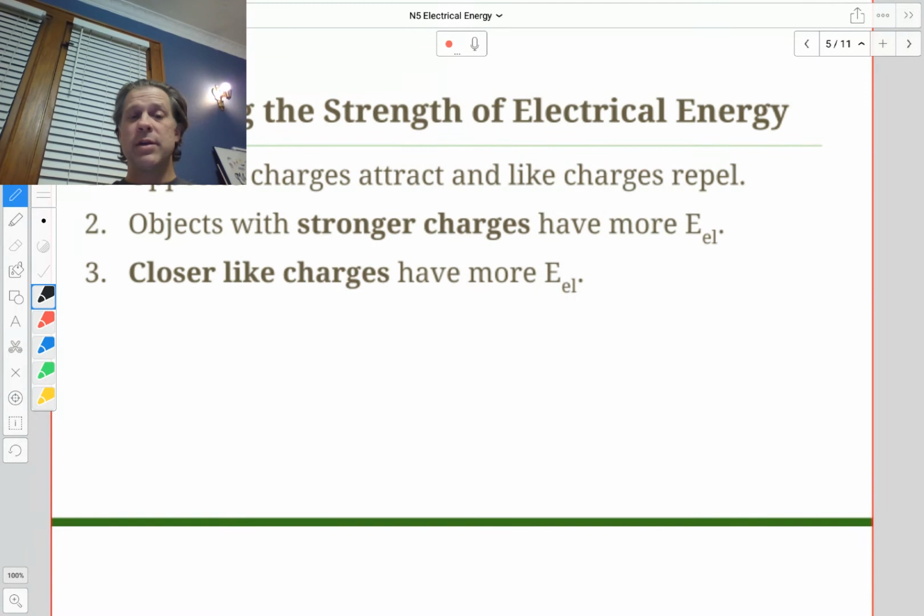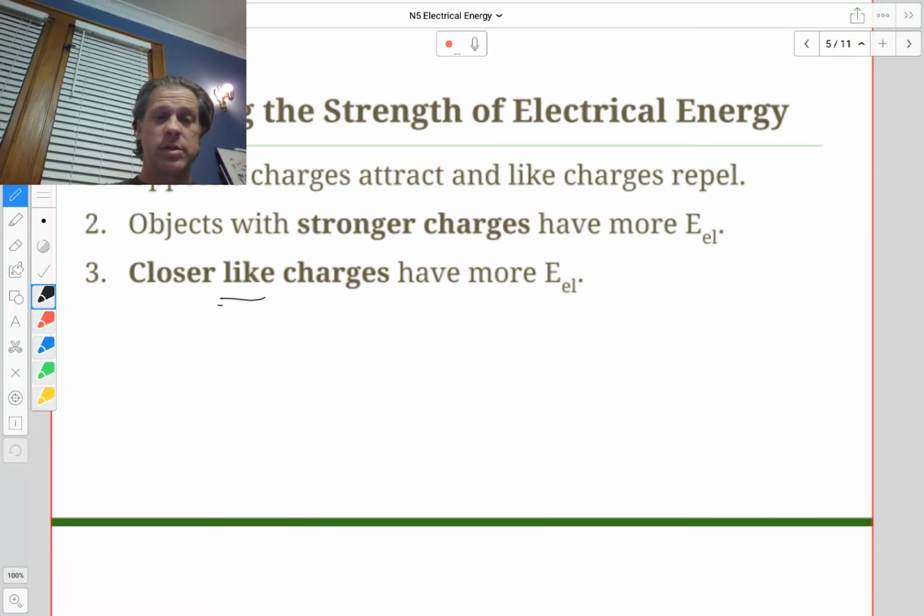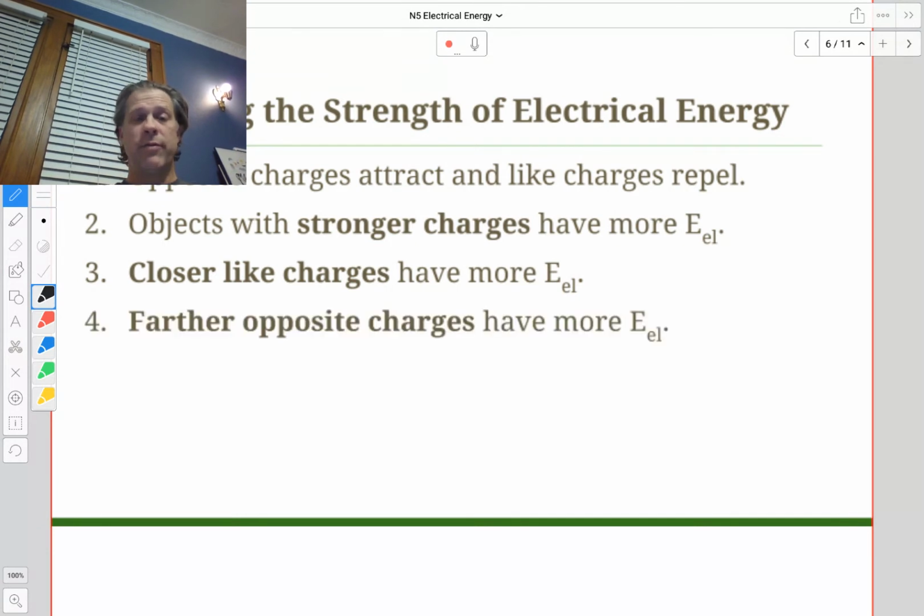Rule number 3 says closer like charges have more electrical energy. Rule number 4 says farther opposite charges have more electrical energy. We're going to take a look at how these rules apply to different scenarios, and then you'll have some homework on it.